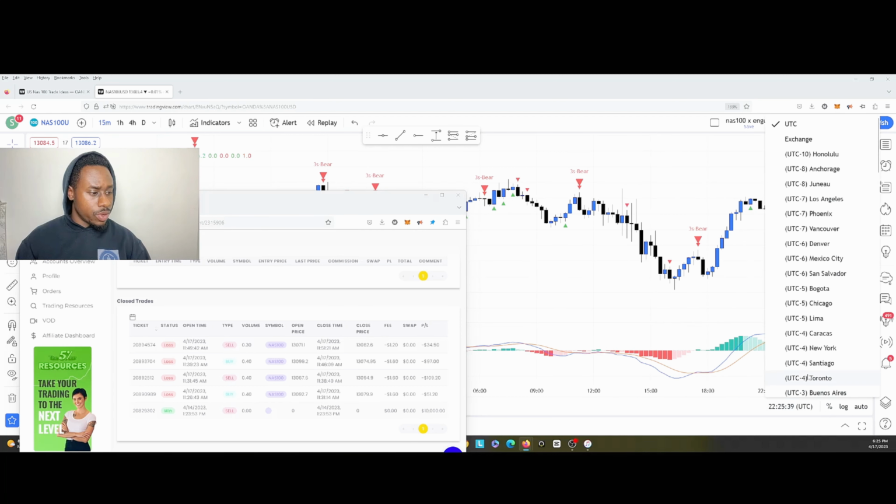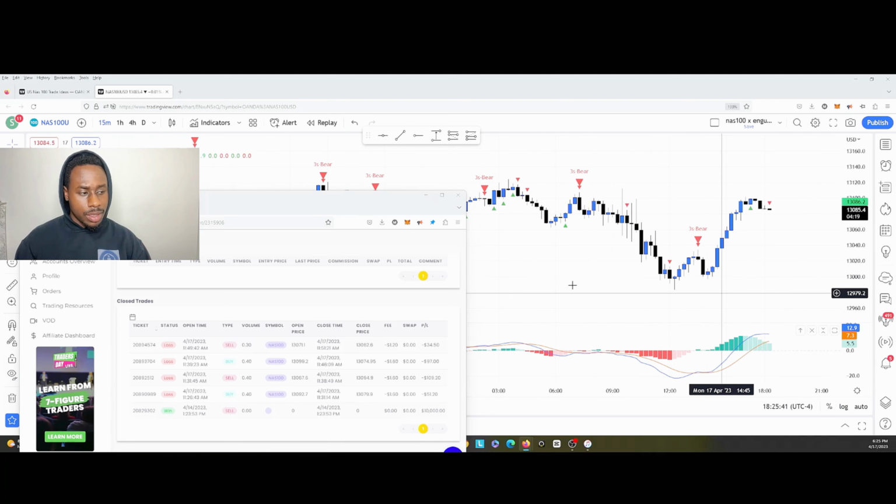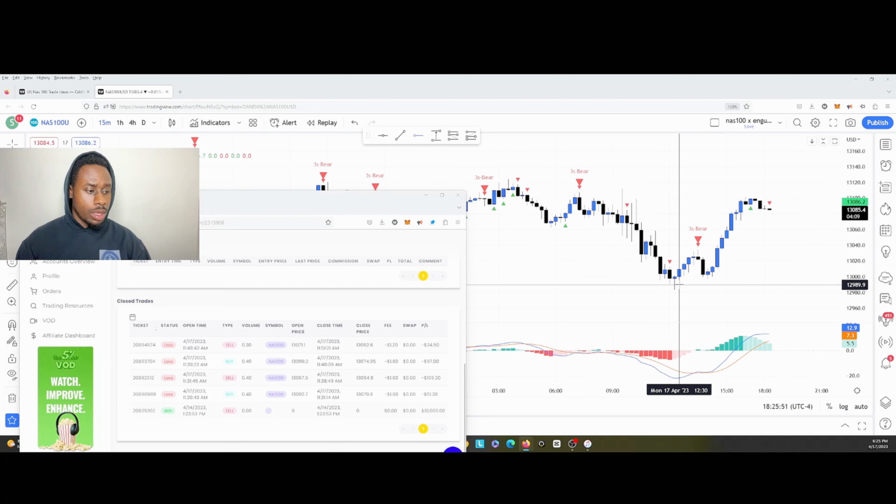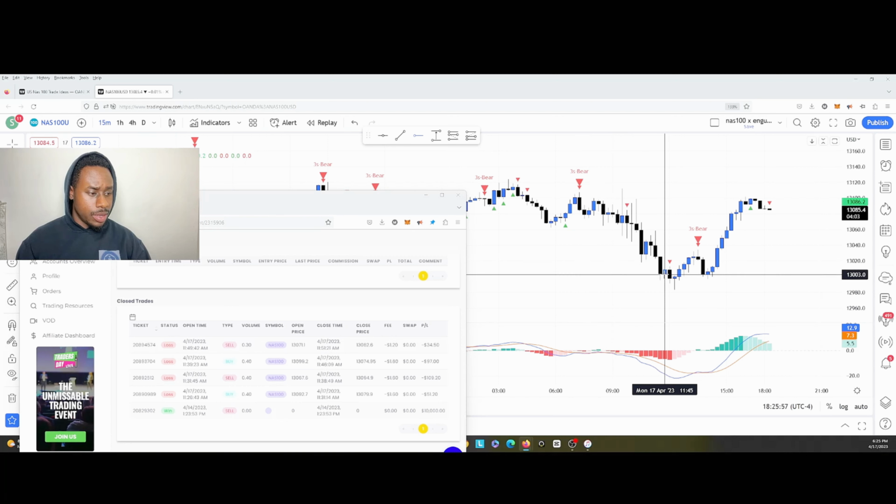Yeah, I'm better off going to New York. So this is the Nasdaq 100. And let's see where my first trade was to the buy side. And that was at 11:31 a.m. So buy side 11:31.